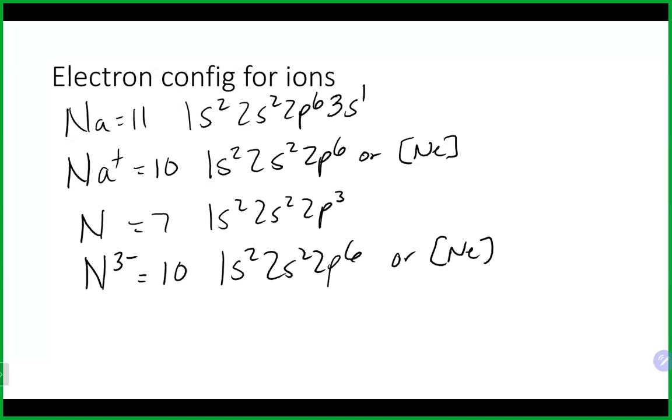And that's a really important thing that occurs here, and we'll talk more about it in the next chapter when we talk about bonding, but that is the goal pretty much of bonding, is to reach the electron configuration of a noble gas, and that's what neon is. And in the case of sodium, it can reach neon's configuration by losing an electron.